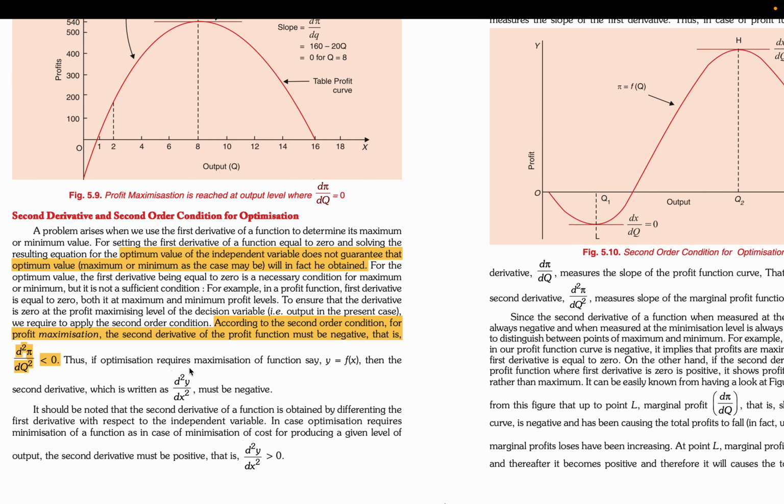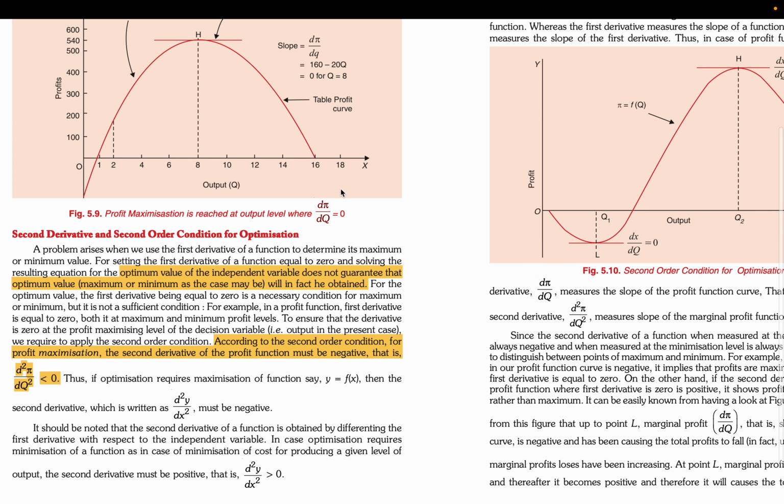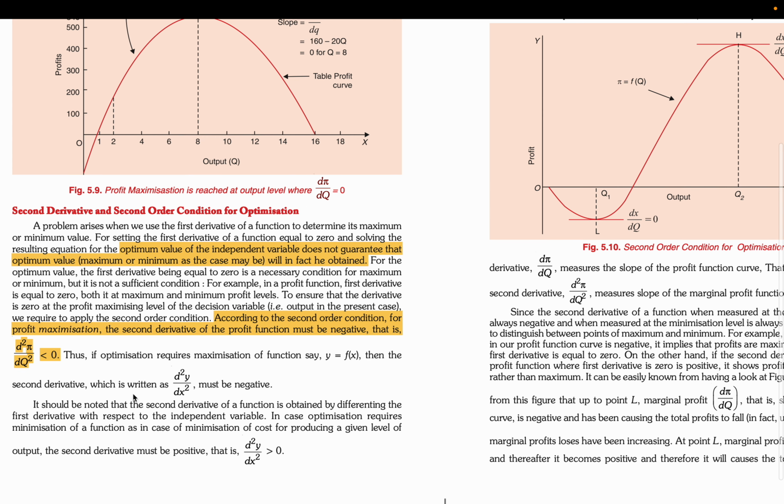Thus, if the optimization requires maximization of a function, say y is equal to f(x), then the second derivative must be negative. So the first is a necessary condition, and this is a sufficient condition.